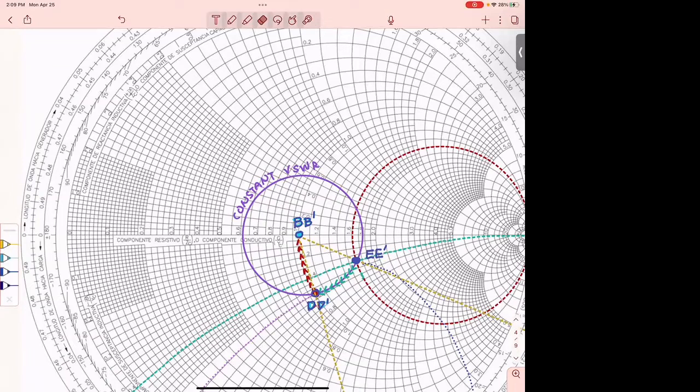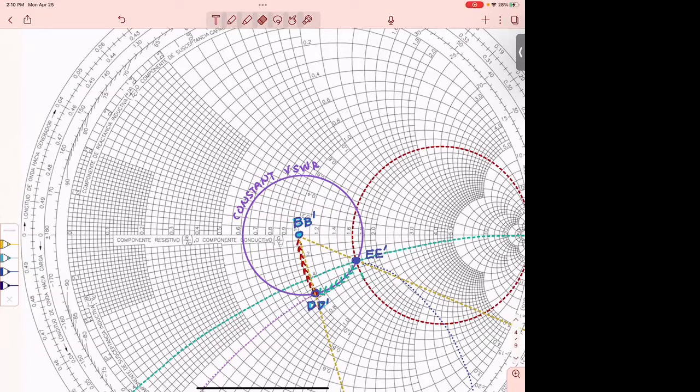Why do I stop here? I stop when I find the circle that goes through the center of the Smith chart. What does that tell me? The circle that goes through the center of the Smith chart, which is this one that goes to DD prime, all the points on this circle have a normalized real part in the impedance of 1.